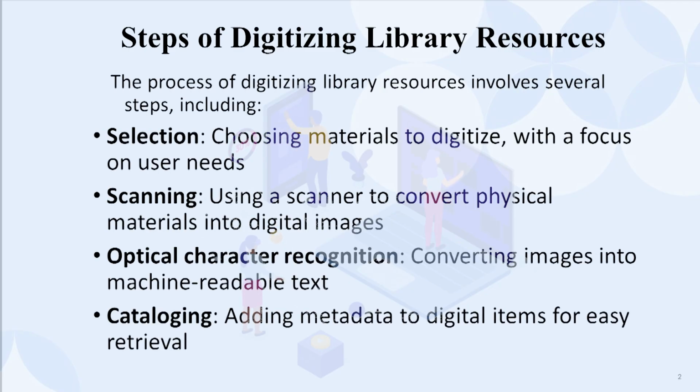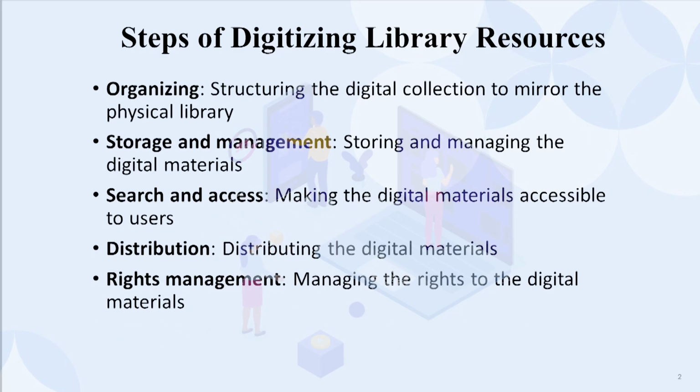The process of digitizing library resources involves steps including selection, choosing the materials to digitize with a focus on user needs; scanning, using a scanner to convert physical materials into digital images; optical character recognition, converting images into machine-readable text; then cataloging, adding metadata to the digital items so they are easily retrievable; then organizing, structuring the digital collection to mirror the physical library; storing and managing the digital materials; search and access, making the digital materials accessible to users.